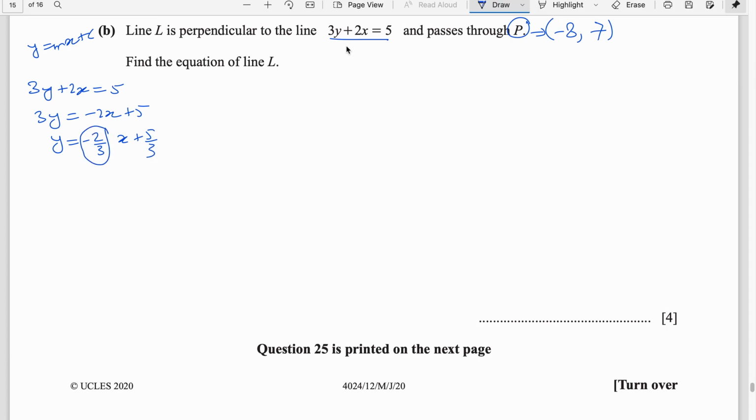This is the gradient for this line. So for perpendicular, m1 times m2 is equal to minus 1. Minus 2 by 3 times m2 is equal to minus 1. So m2 is equal to 3 by 2.